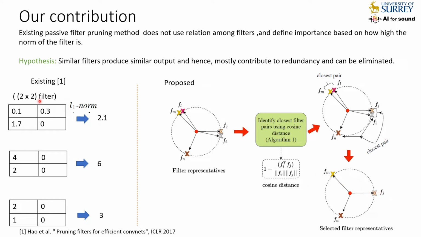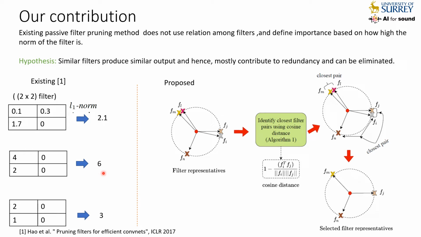This is in contrast to the existing pruning methods, where the relationship among filters is not considered, and the existing methods define importance based on the norm of the filter, which is nothing but the weighted sum of the filter, and a high norm is considered relatively more important than others. We argue that a norm is not a good metric to measure the importance of the filter, because it ignores the mutual relationship among filters.